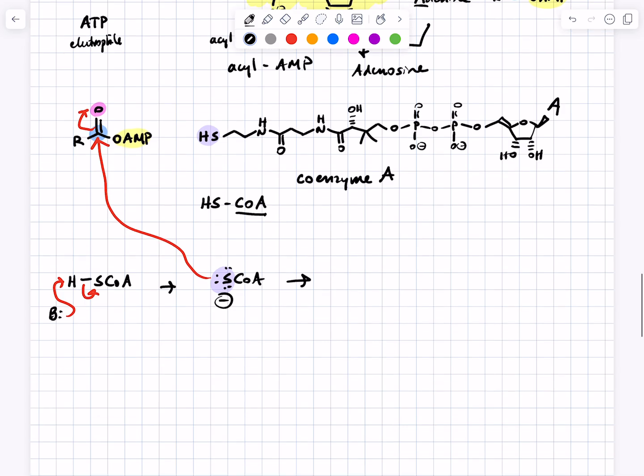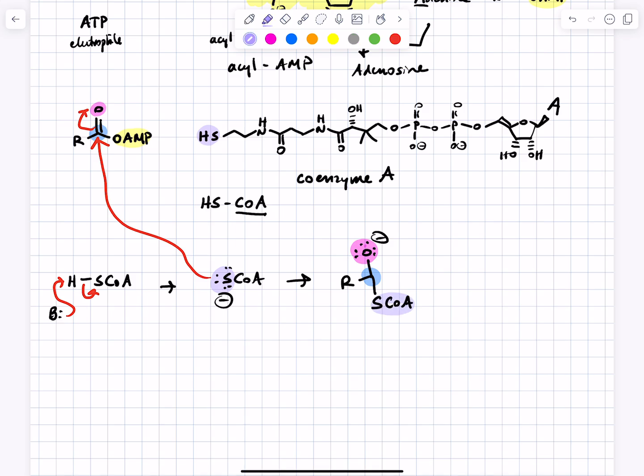The intermediate that gets generated is just the expected tetrahedral intermediate with the negatively charged oxygen. Here's the carbonyl carbon. Here's the new nucleophile that we formed our new bond with.